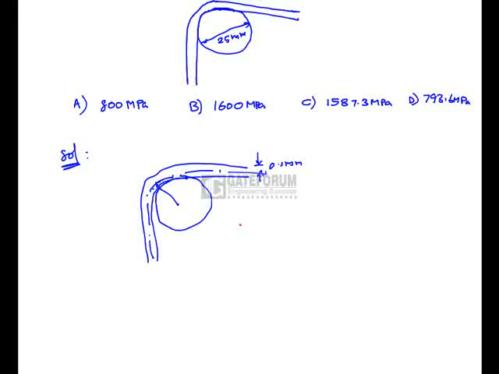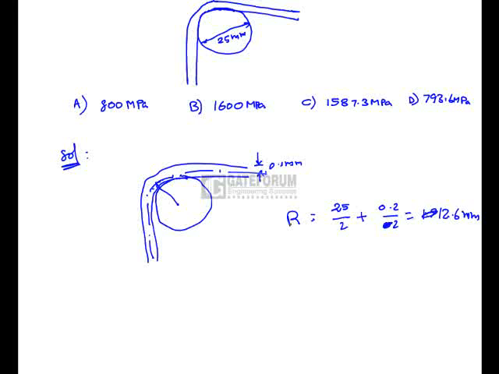So that here the total radius of curvature R is given by 25 by 2 plus 0.2 by 2, which is equal to 12.6 mm. So this is the radius of curvature.